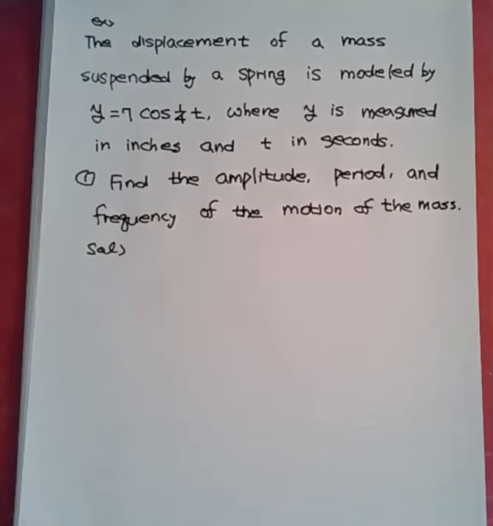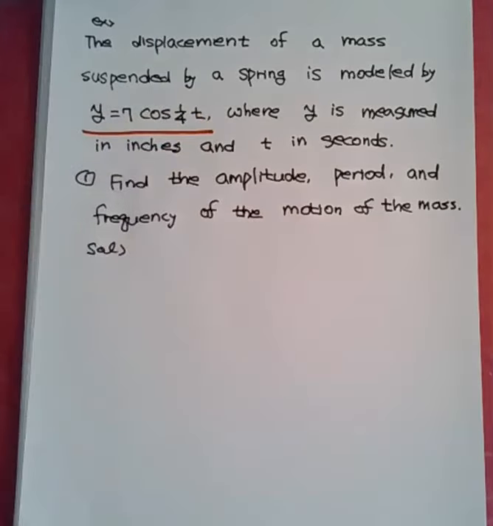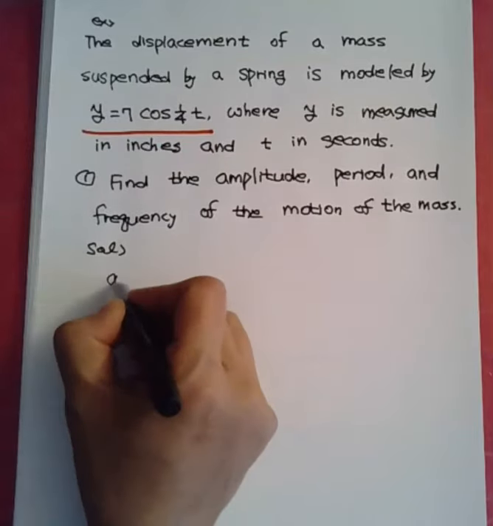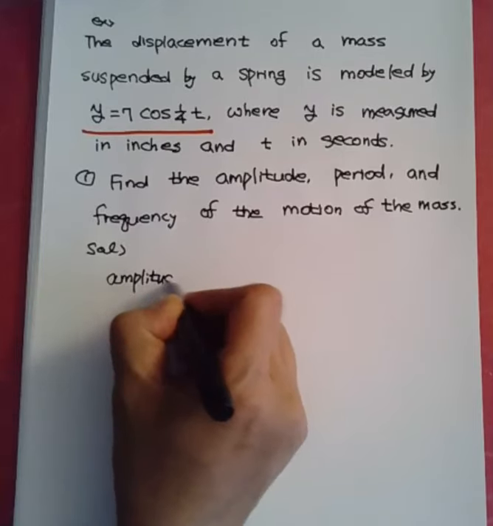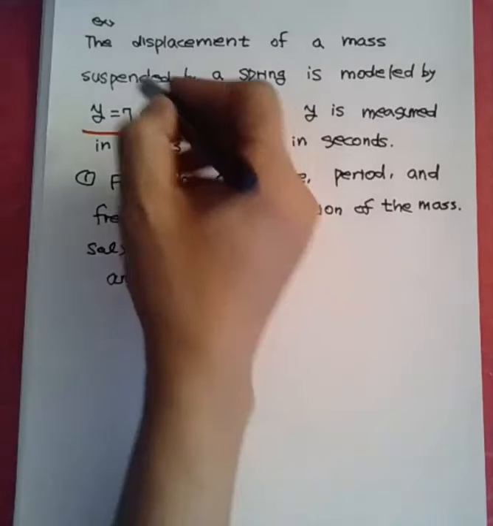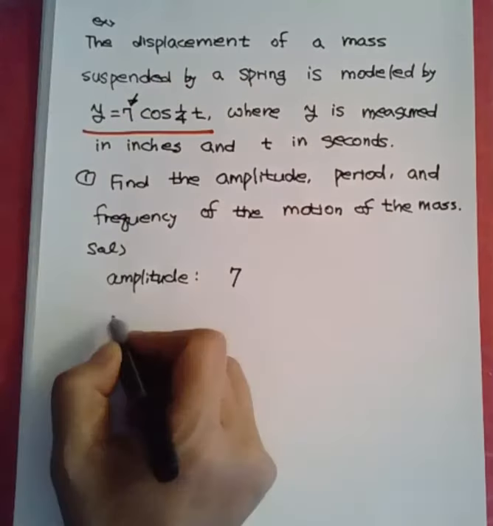This time we work with the cosine function. Amplitude is the number in front of the cosine function, that is 7.